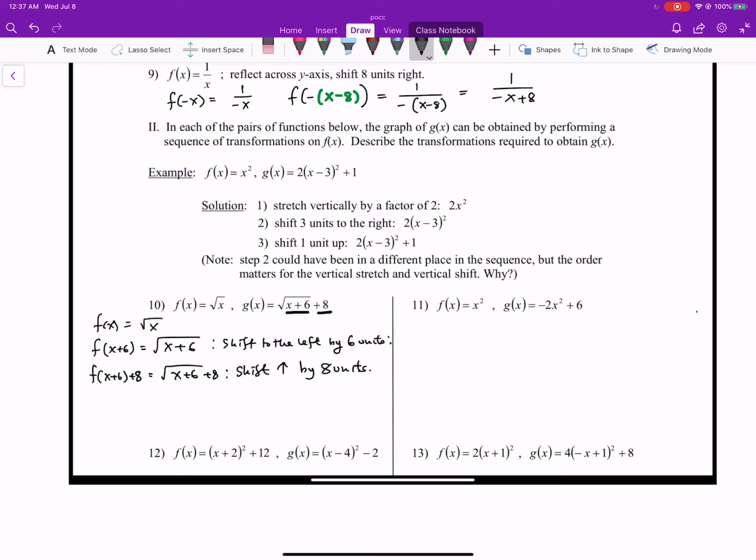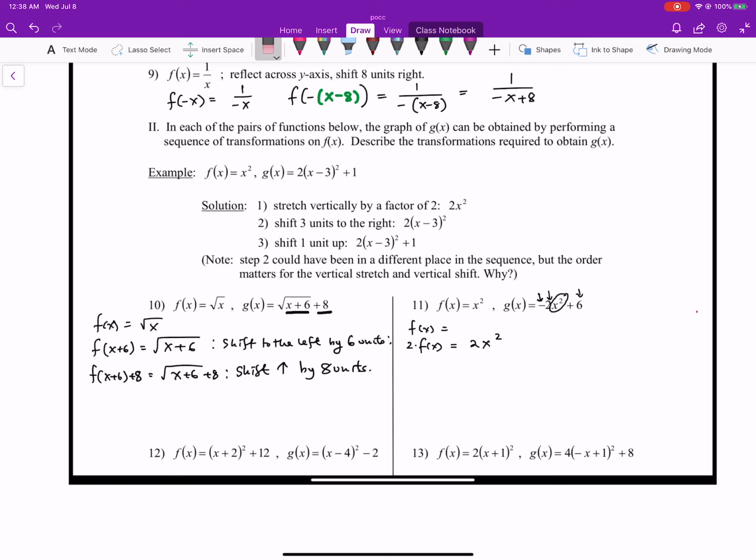The next example says I have x squared and I want to arrive at negative 2x squared plus 6. So I see the x squared over there. That means that it got multiplied by 2. There's a negative saying that there was a reflection. And then after that, I added what? I added 6. So if I look at it from the function point of view, I have 2 times f of x, which is 2x squared.